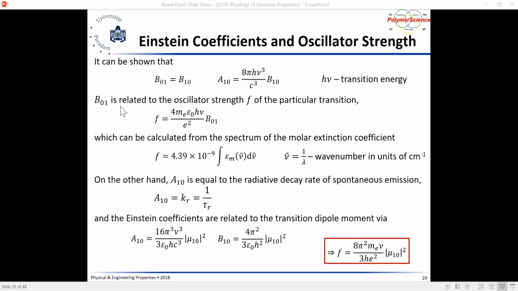Now we know that the Einstein coefficient B is related to the oscillator strength of a particular transition through this equation. So f is the oscillator strength. This is your Einstein coefficient, and it depends on the mass of the electron and several other parameters.